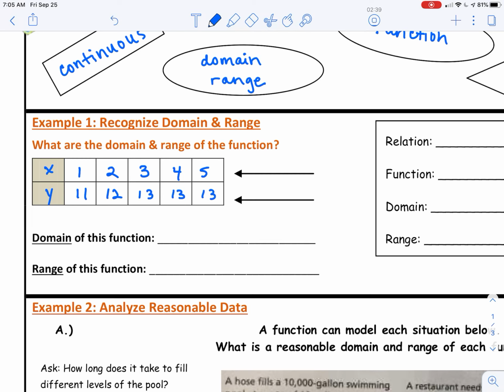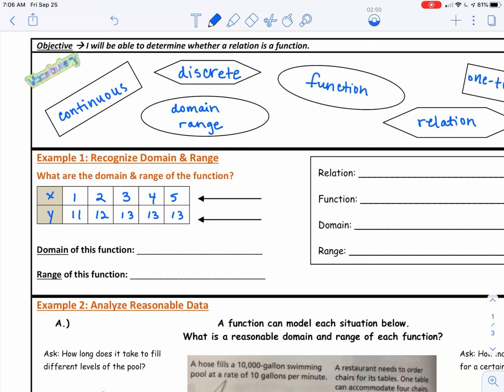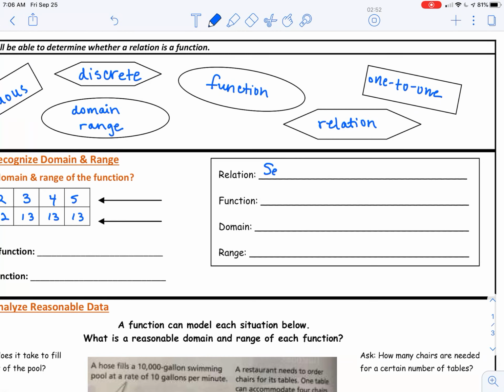And then we're going to identify, first of all, what a relation is. You have to understand what a relation is before you can understand what a function is. A relation is simply a set of ordered pairs. So in case you didn't notice, what we just filled in over here is nothing more than a set of ordered pairs. How can that be?